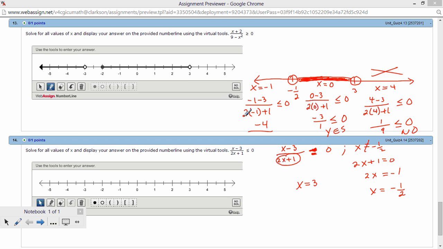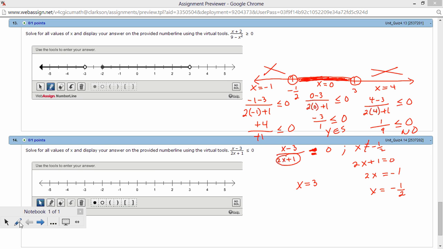And in the denominator, 2 times -1 is -2, plus 1 is -1. And what's a negative divided by a negative? Negative divided by a negative is a positive. Okay? So is 4 less than or equal to 0? Again, that would be a no. And that interval would be out.